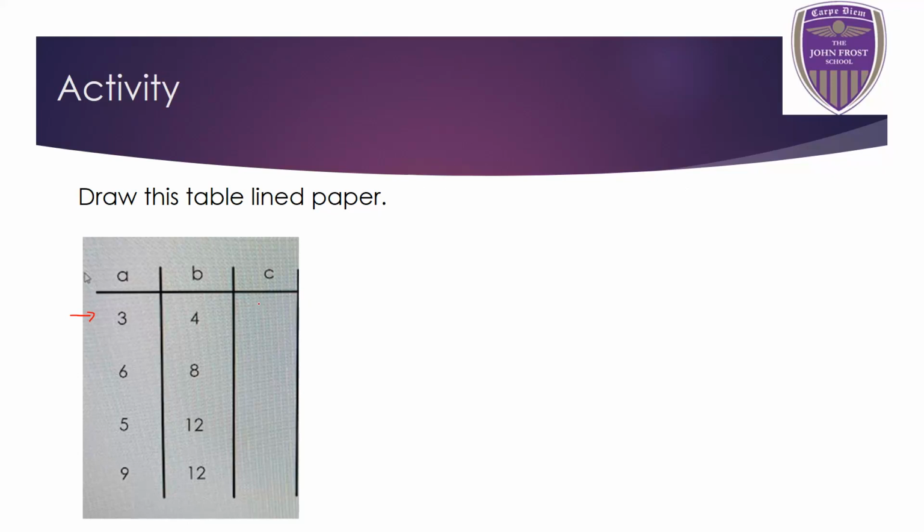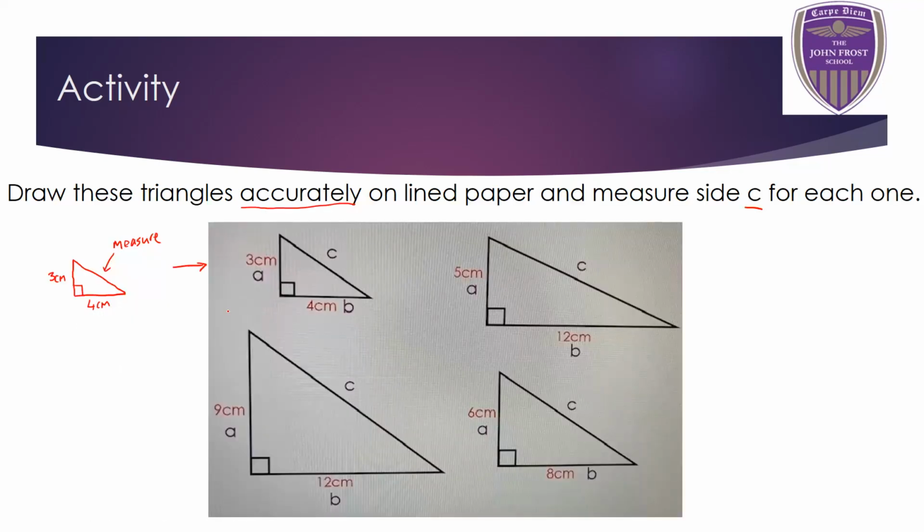And when you've measured the final side C with a ruler, you can put your measurement in there. So what I want you to do now is pause the video, draw all 4 triangles exactly, measure the missing side, and put the information in the table. When you've done, press play and we can continue.